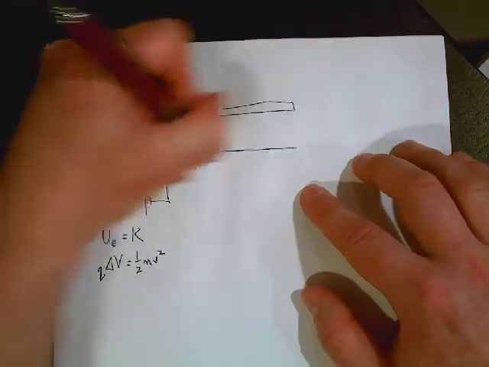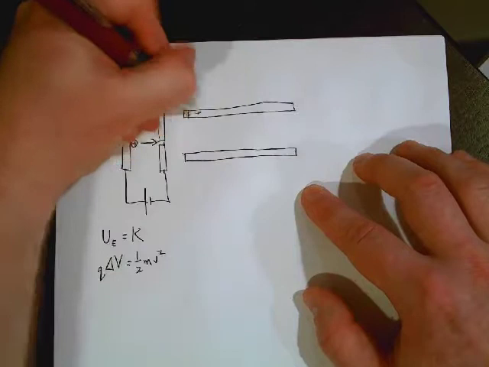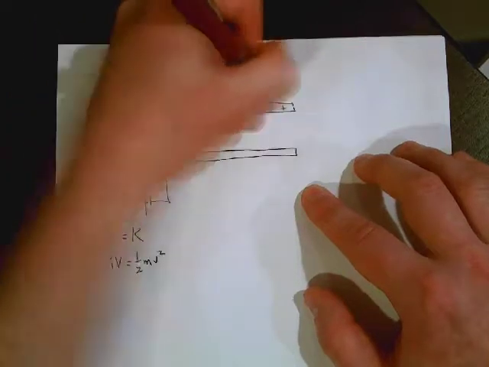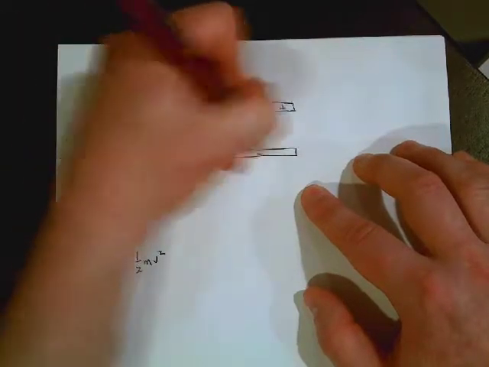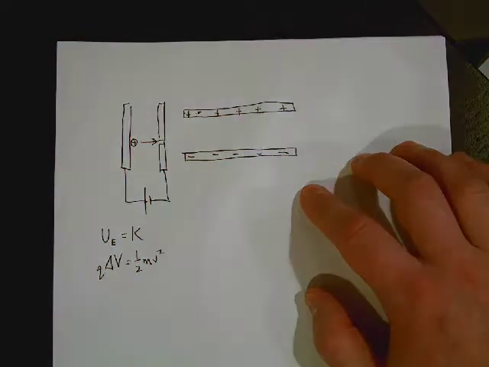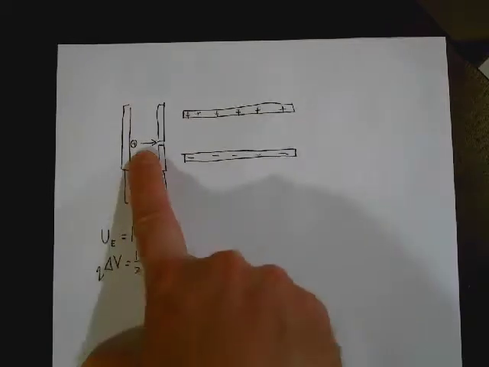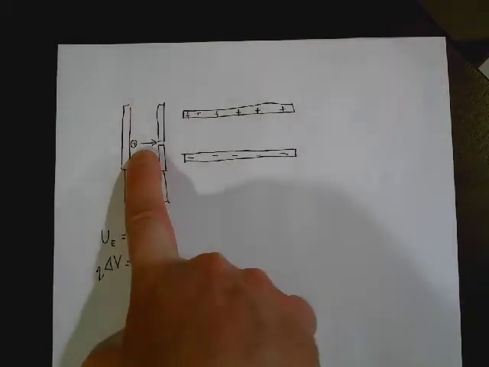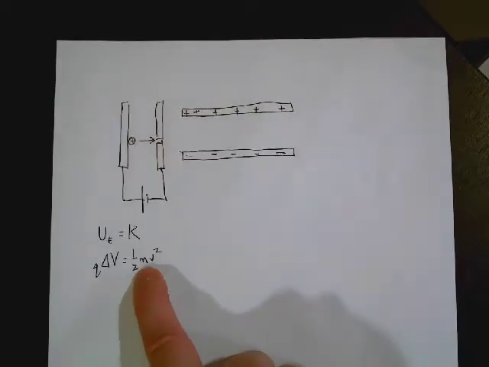Then typically your second part, you have 2 oppositely charged plates again. And this part's called the velocity selector.